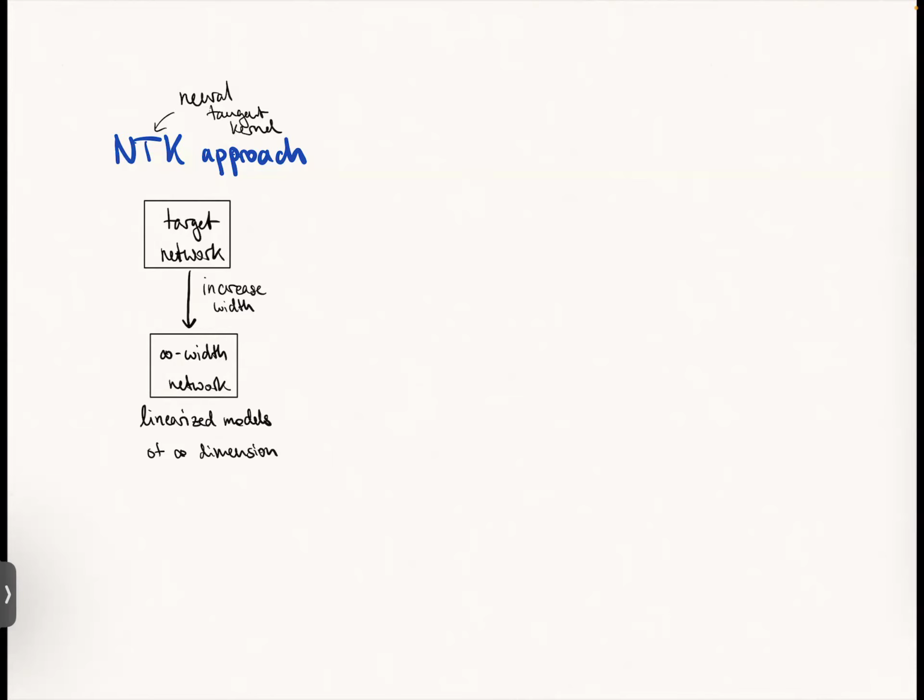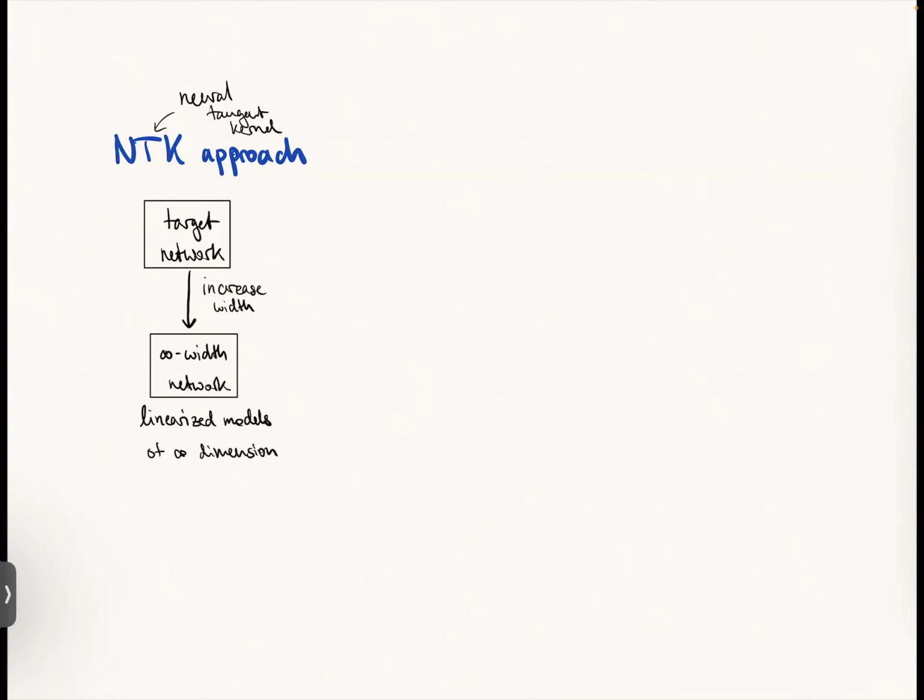Essentially, the gist of it is that if you want to study a network, you increase the width of its layers until you get an infinitely wide network, and that essentially linearizes your model, which is now by definition an infinite dimensional model, but because of its linear properties, it's easier to study. And then you try to draw conclusions from this limit to your original network. And this is not what we're doing now, okay?